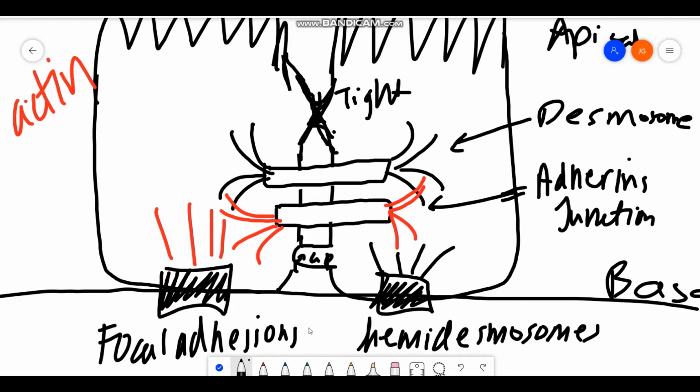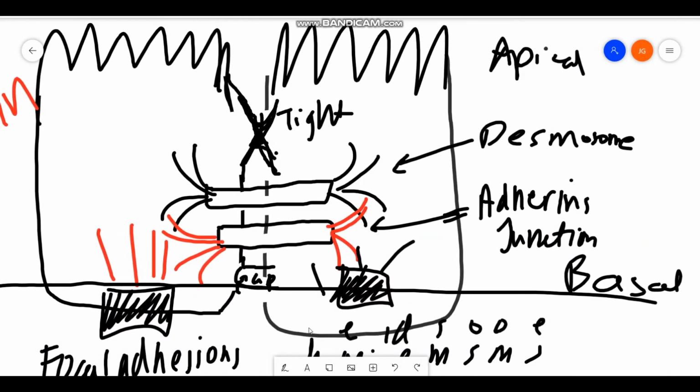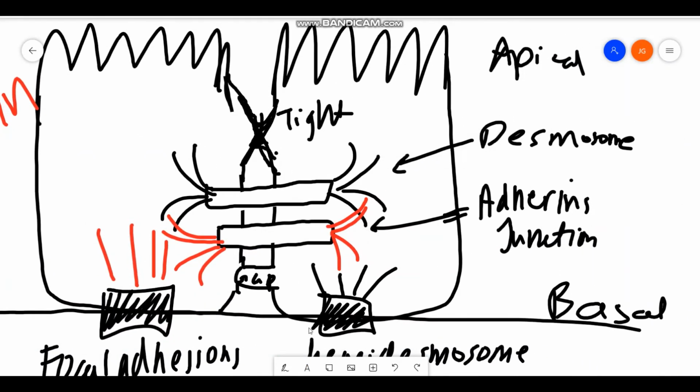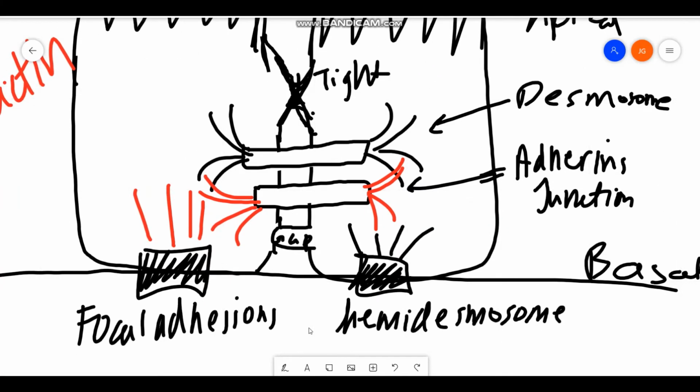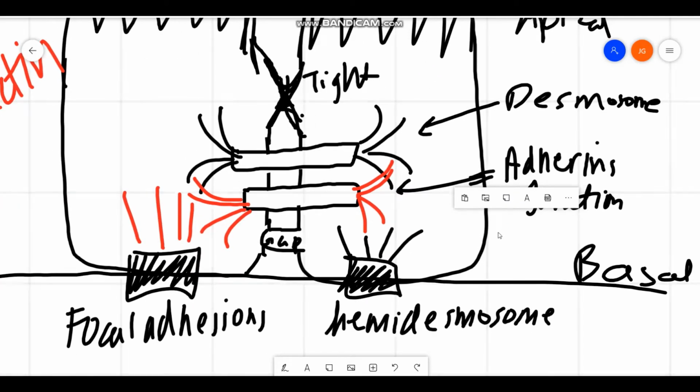Okay, and just as we can see with our adherens junction versus our desmosome, the main difference between a hemidesmosome and a focal adhesion is the kind of cytoskeletal element that it's attached to.